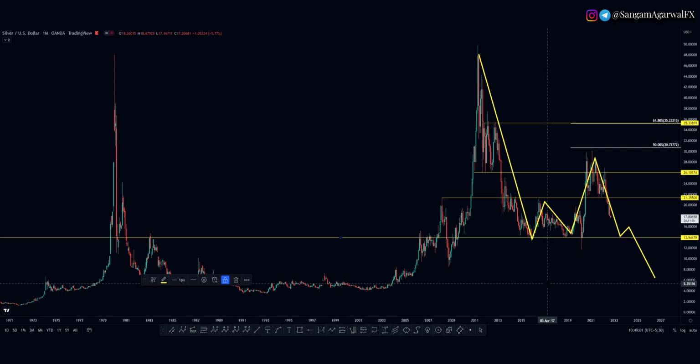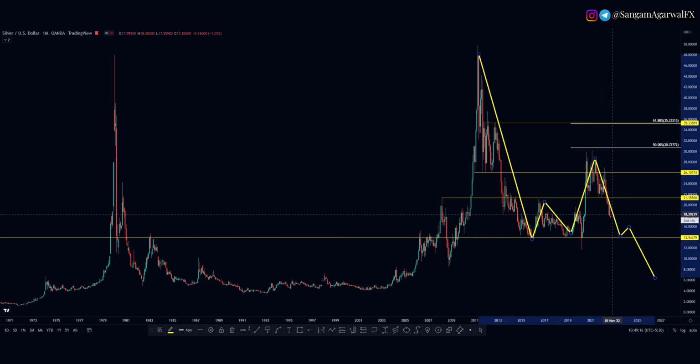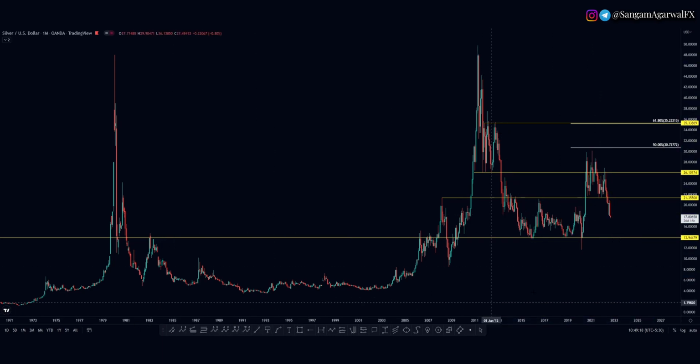Since this is horizontal support and in the past it has been tested many times, in 1983, then 2006, during coronavirus. So this is a strong horizontal support.